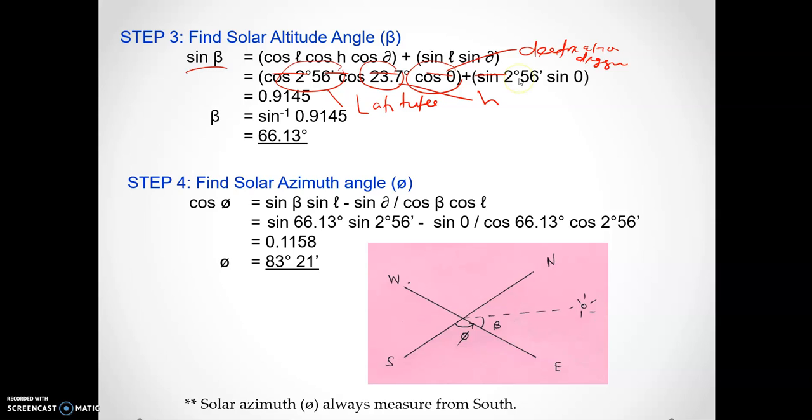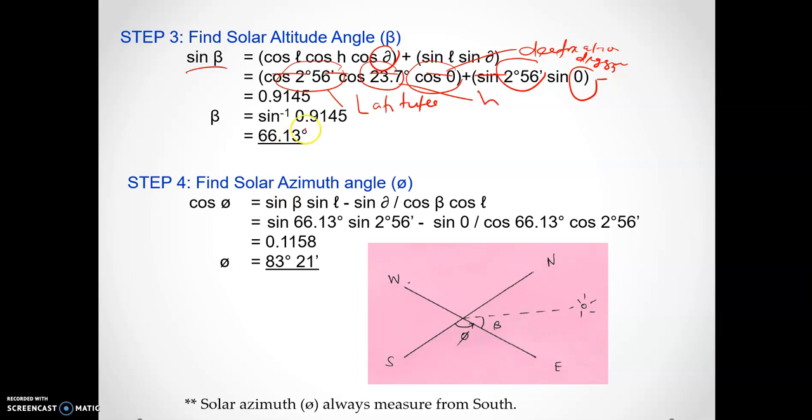Declination degree here for the alpha. And then the sine L is the same, 2 degree and 56 minutes. Sine alpha refers to the table of declination degree. So you get the answer of 0.9145 here. So you get the beta. You have to shift sine the beta to get 66.13 degree.